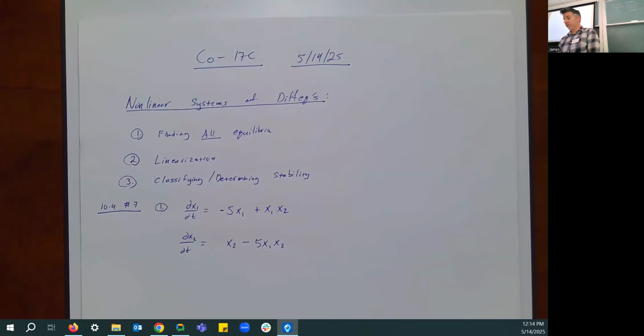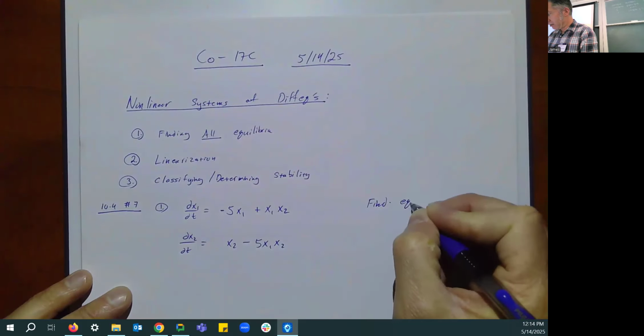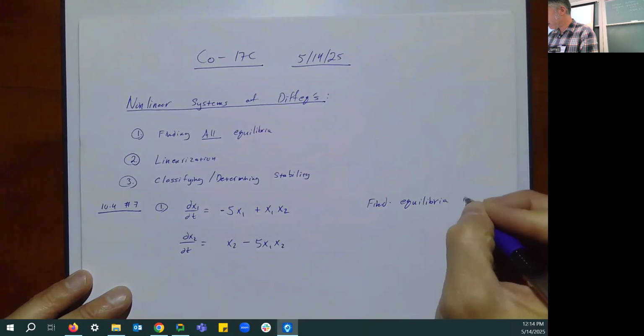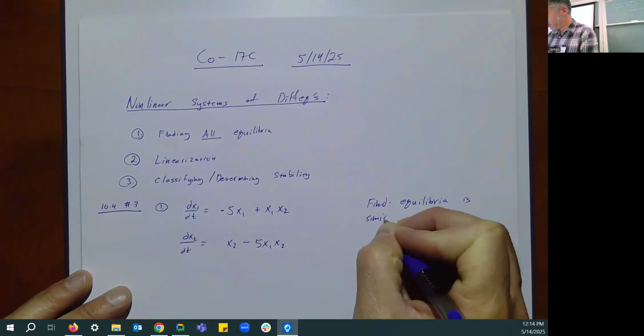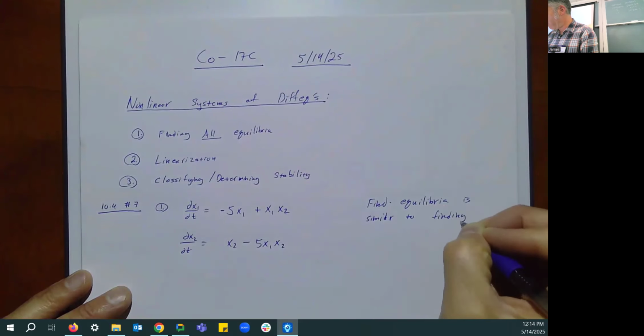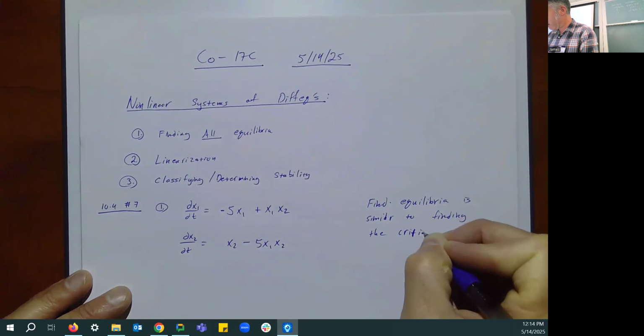So the first step is finding the equilibria. Often there's going to be more than one equilibrium point. Finding the equilibria here is very similar to finding all the critical points of a function of two variables.